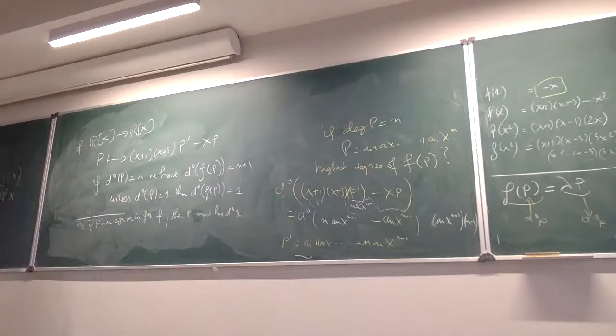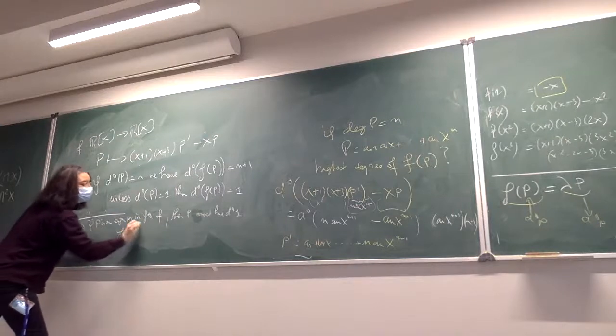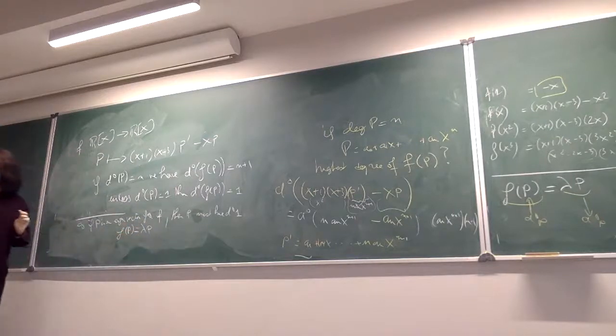Do you get that? Why? Simply because if P is an eigenvector for F, it means that F of P is equal to some value times P. So the degree of the image of P is equal to the degree of P, because it's a constant times P itself.